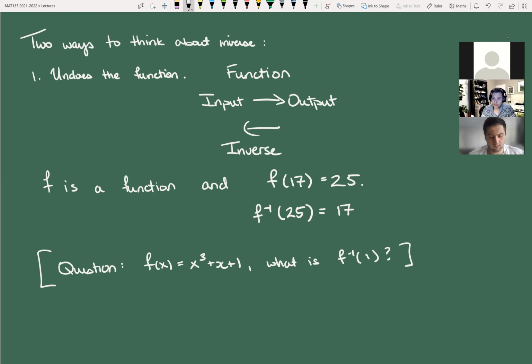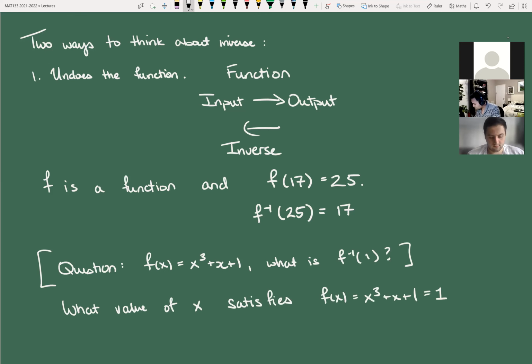Basically, what I'm asking you is, what x satisfies f of x equals 1? I want 1 to be the output. So which x gives me 1 as an answer? You don't have to do any fancy solving for this.